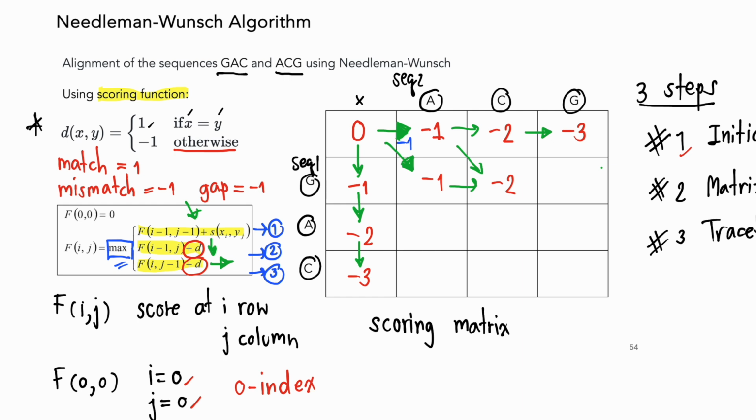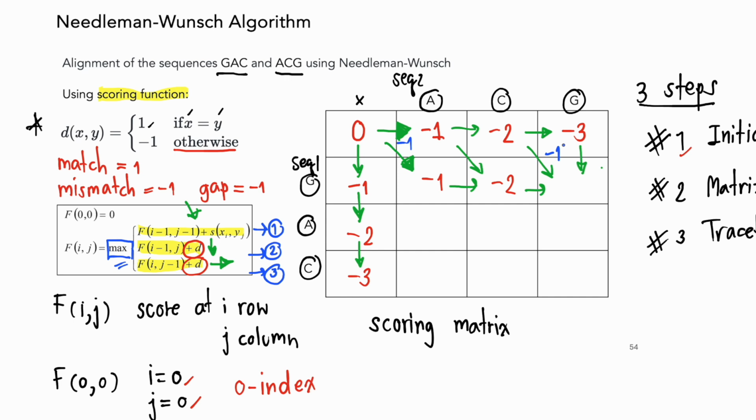For the next cell, we have to consider three directions. From the diagonal one, we have to consider the nucleotide sequence G and G. G and G is the same, so we will use the match score +1. -2 plus 1 will be -1. The cell from the top and from the left, we have to add with the gap value.